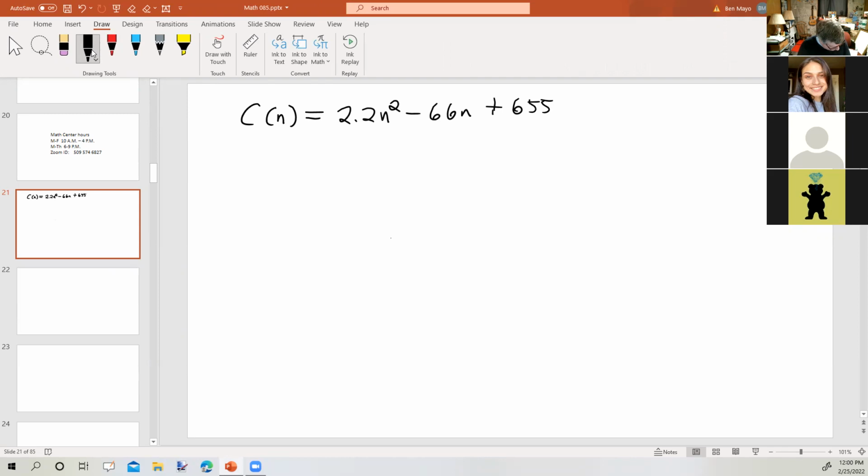Okay, so n is the number of minutes run, and C is the cost of doing that.